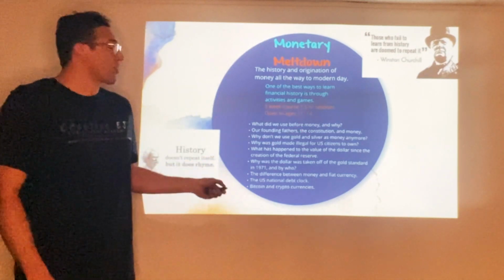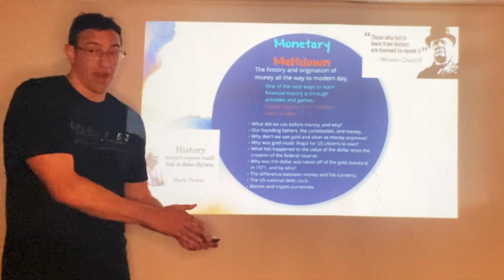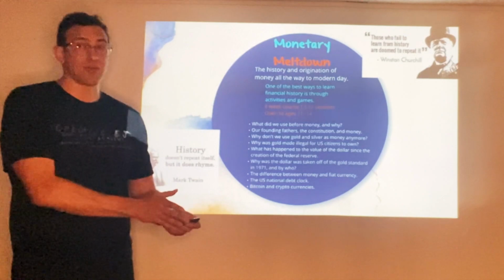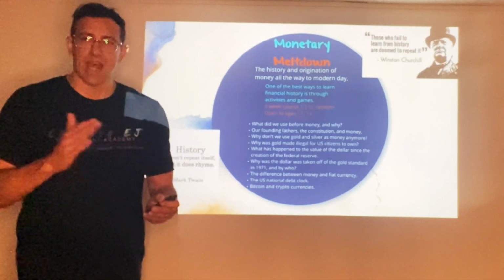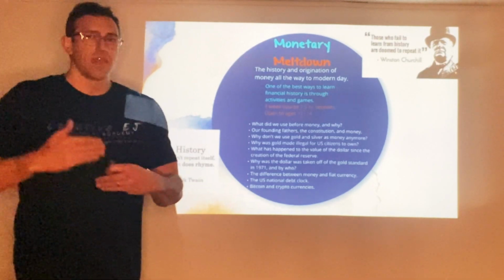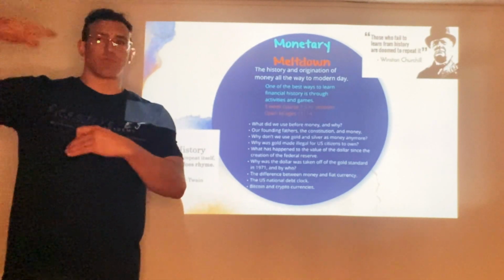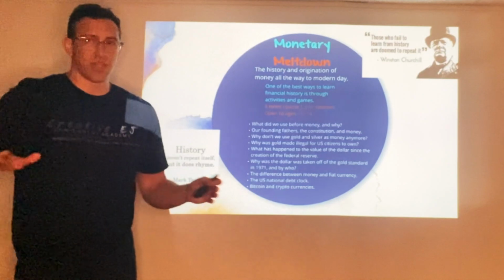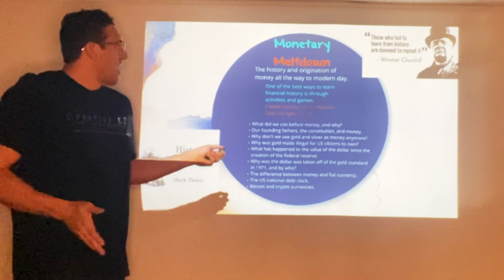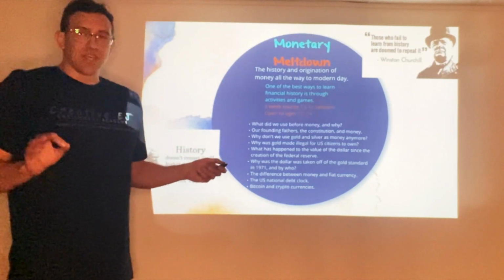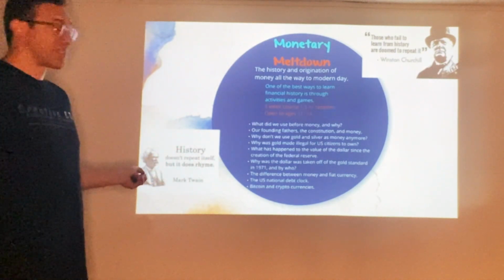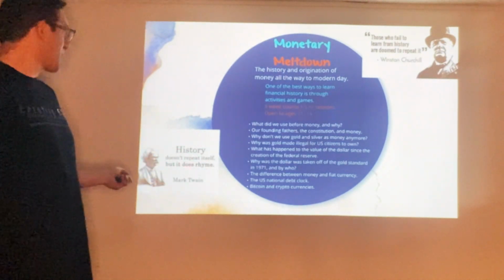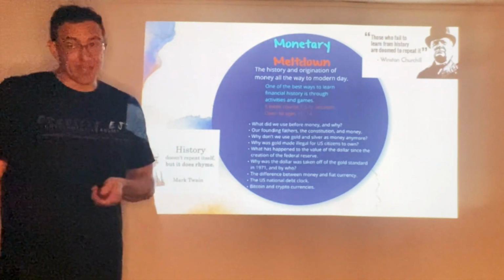Now, what your students are going to learn as we look at monetary history, going back thousands of years, is that there's a repetition that happens over the years. It seems dynasties rise and fall, and why is that? It's interesting how history repeats itself most of the time, or as Mark Twain says, history doesn't repeat itself, but it does rhyme.